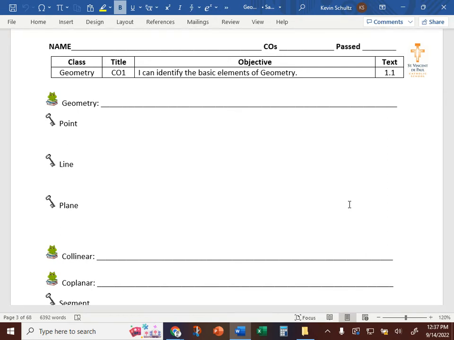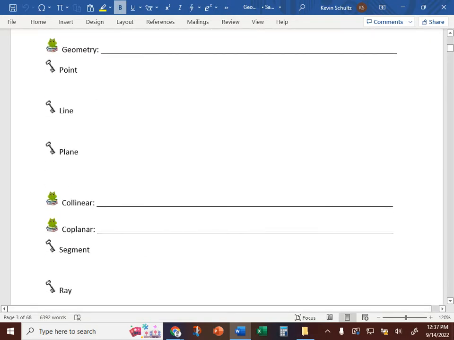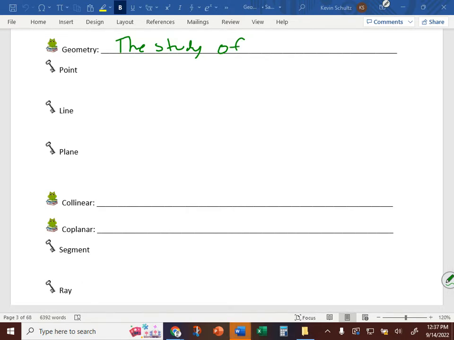We're going to start by defining geometry, and I've only got a one-liner here to define it, which means it's a pretty simplistic definition, but it includes a lot of stuff. The definition for geometry is really the study of relationships.